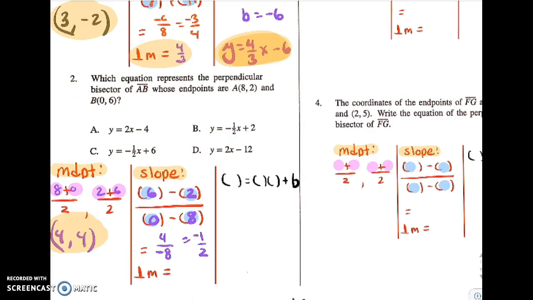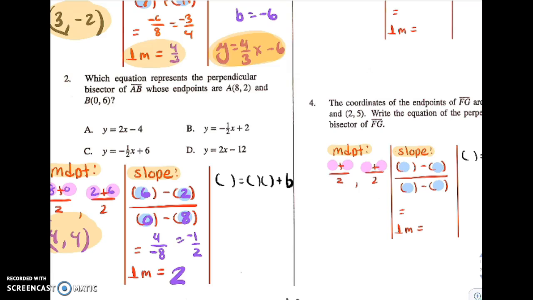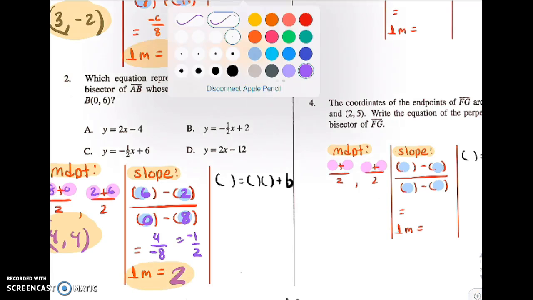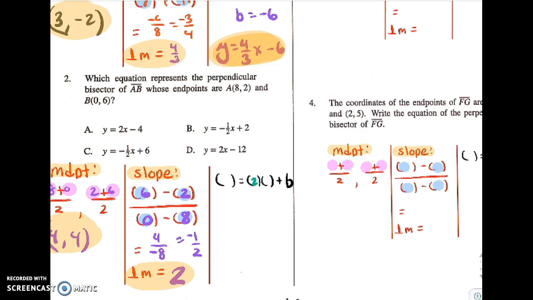That reduces to -1/2. But I don't want -1/2. I want positive 2 over 1. That's the slope I want because it's perpendicular. So I plug in my slope, my x and my y. Subtract 8 and you get -4. So my final answer is 2x minus 4. Choice A.